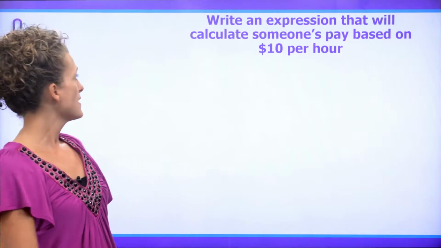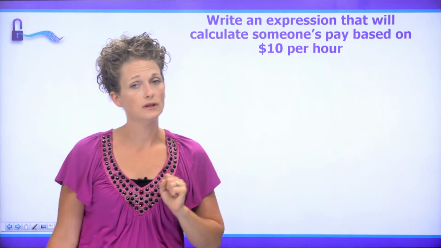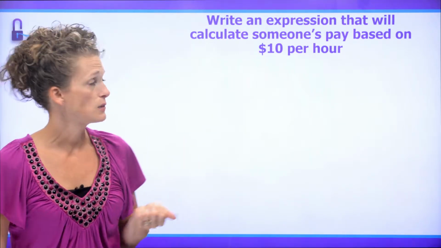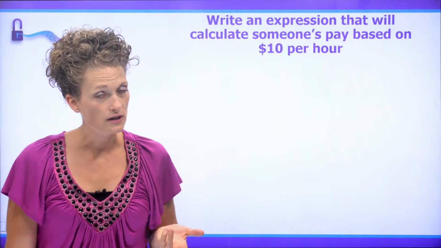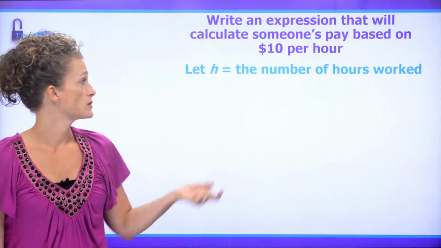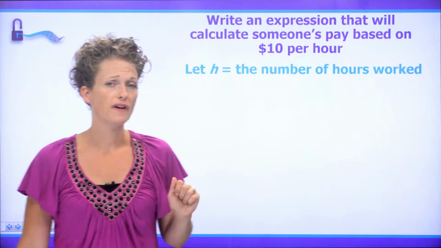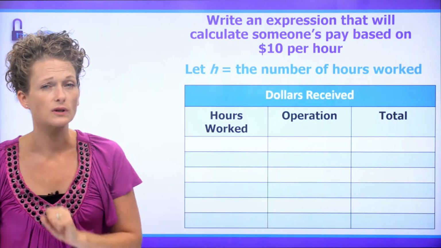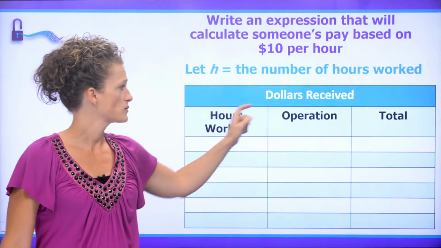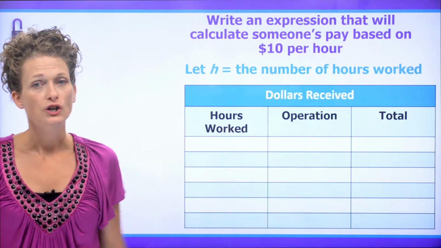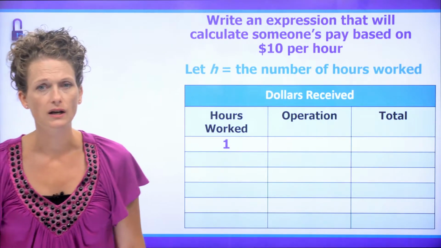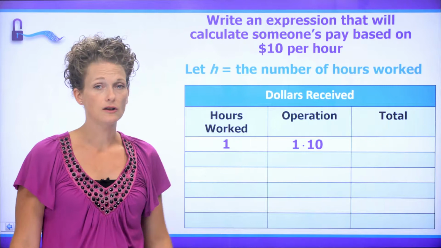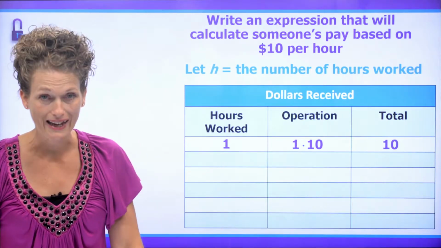All right, so here we're going to write an expression that will calculate what someone's pay will be based on $10 an hour. So we're going to let h equal the number of hours they have worked. Again, we're going to look at this in a table: hours worked, operation, and the total. So if they only work for 1 hour, they get paid $10 per hour, so 1 times 10 is 10.